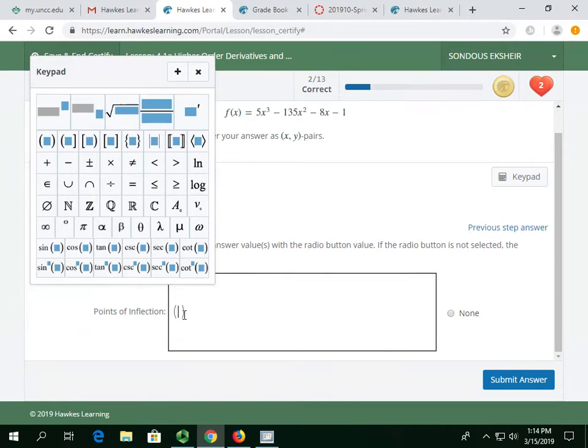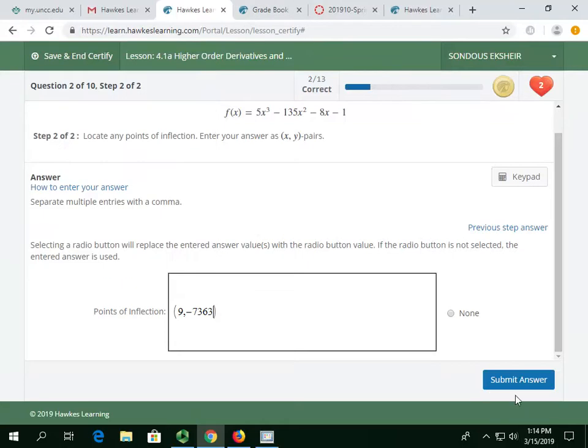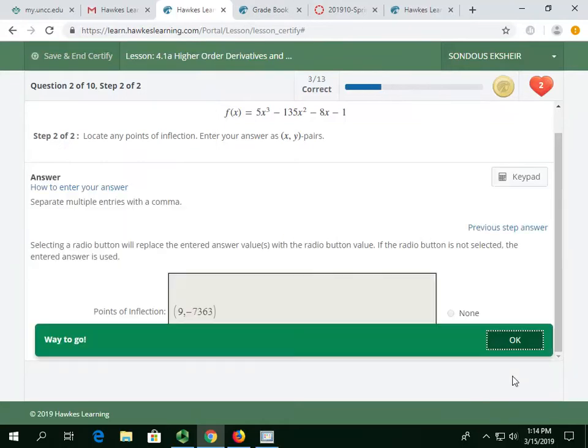The x-coordinate was 9, comma, the y-coordinate was negative 7,363. Does that make sense? And then I'm going to X this out and then submit, and boom, green. Yay, way to go.